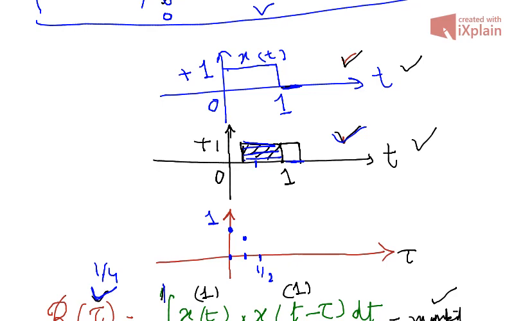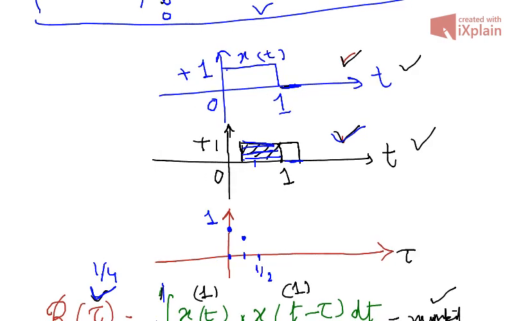One point is at tau 0, which is 1. The other point is at tau 1 over 4, which is 3 over 4.